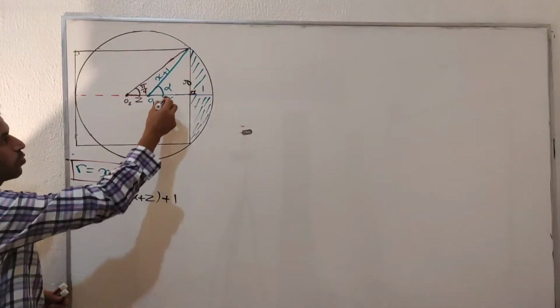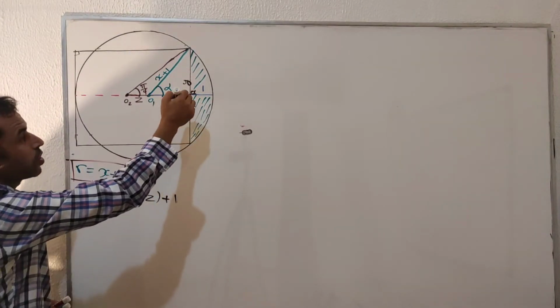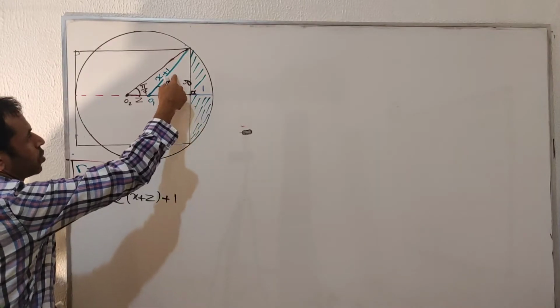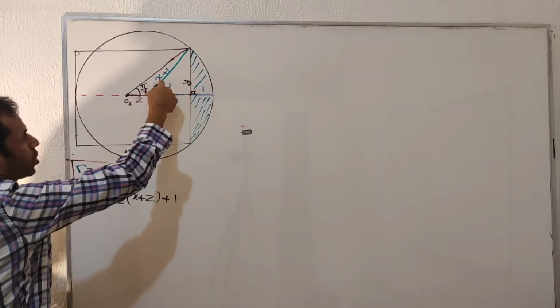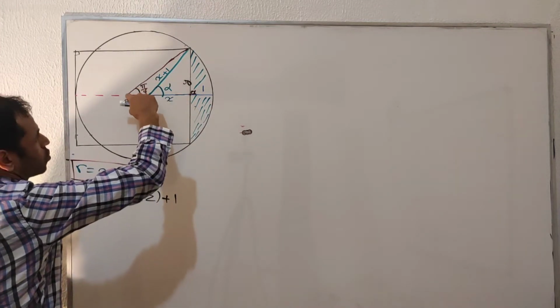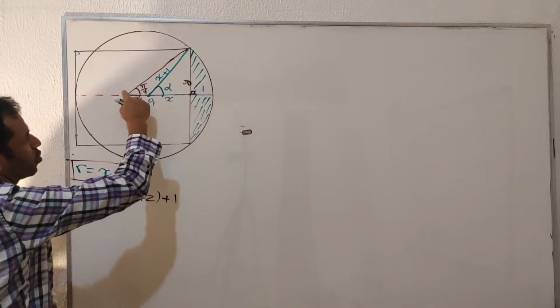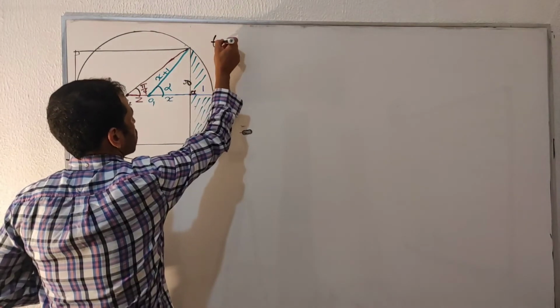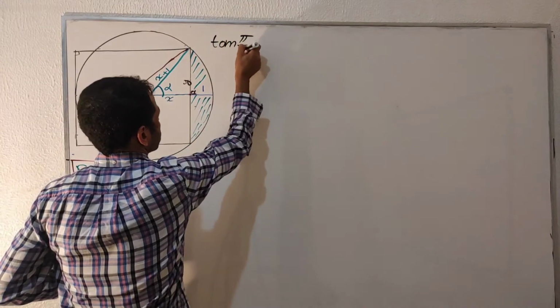If you take a look carefully, I have two triangles here, they share the same angle, which is pi over 2. So I have a right triangle for both. I'm going to work on this triangle, including the red one. Let's take tangent of pi over 4.